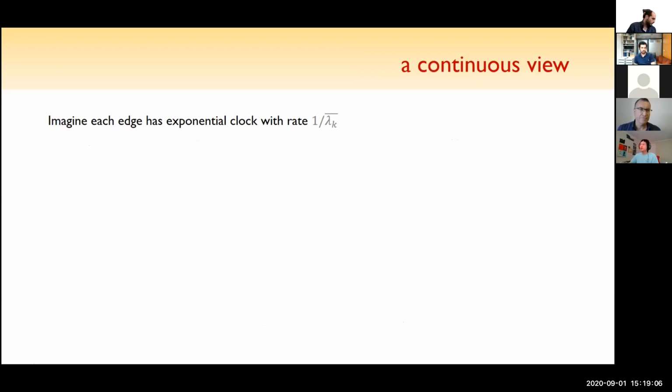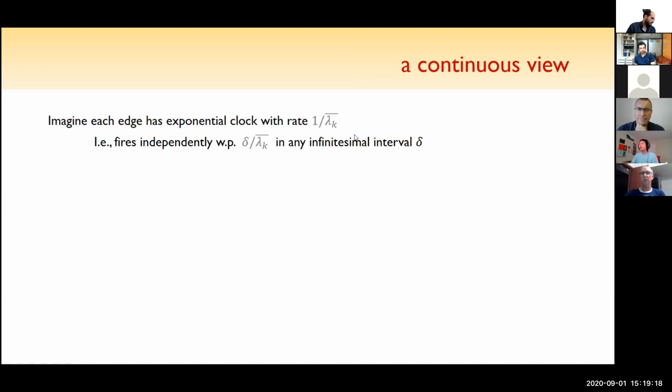So let's imagine instead of selecting a random edge on each discrete step, we have a continuous time, and every edge has an exponential clock with rate 1 over lambda k bar. In other words, think of delta as an arbitrarily small constant going to 0, and the edge fires independently in each delta time step with probability delta over lambda k bar. And the first time an edge fires, contract it.